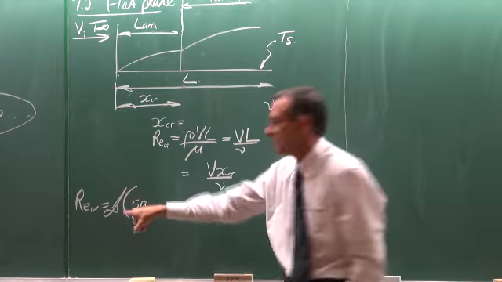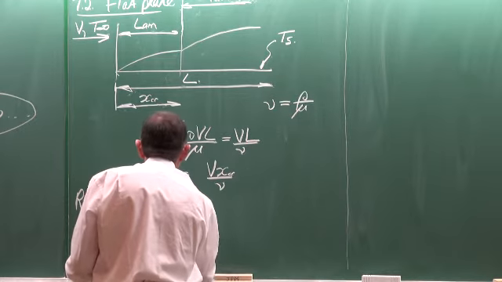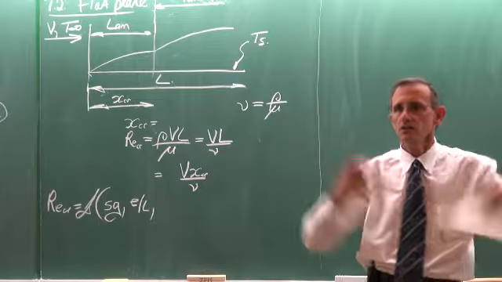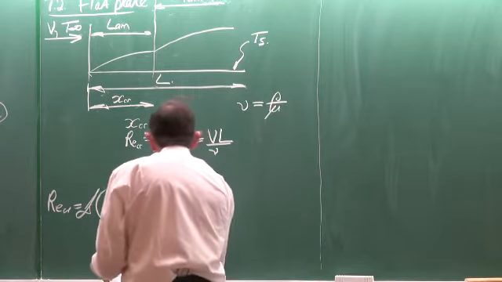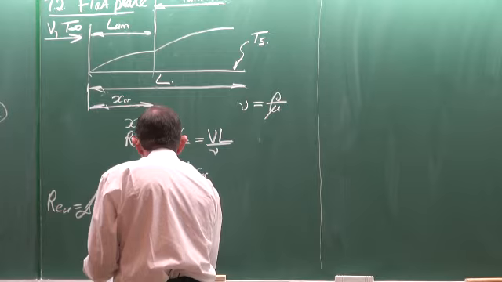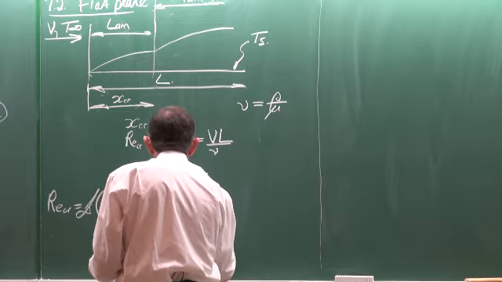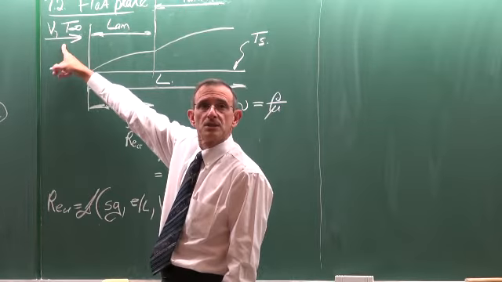The surface roughness, epsilon divided by L. Then also the upstream velocity, in terms of turbulence effects in the velocity.